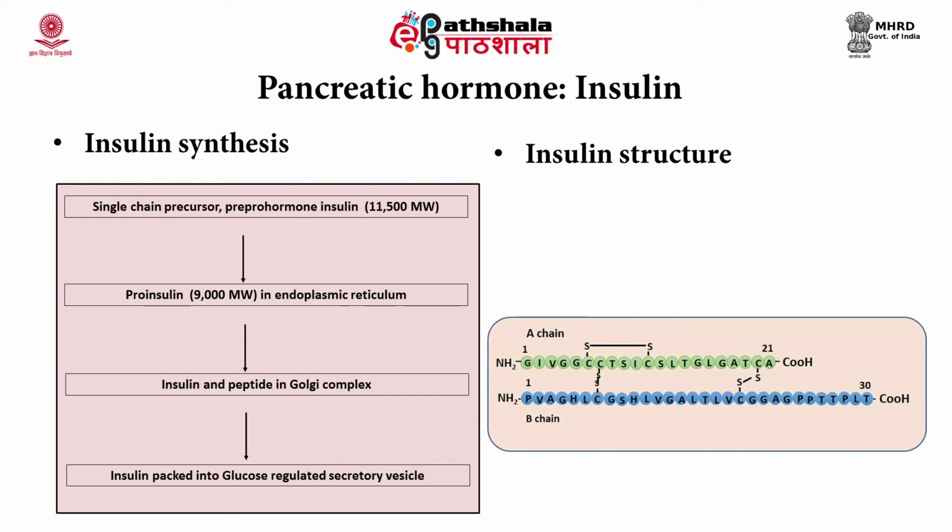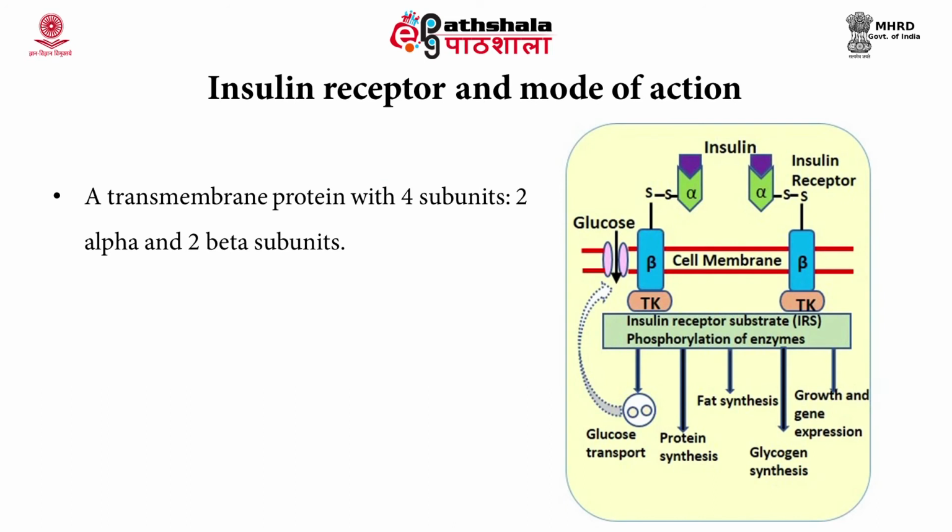Now the final insulin molecule is packed inside glucose regulated secretory vesicles and secreted into the blood. The half-life of unbound insulin in blood plasma is about 6 minutes, so it is removed from the circulation within 10 to 15 minutes.